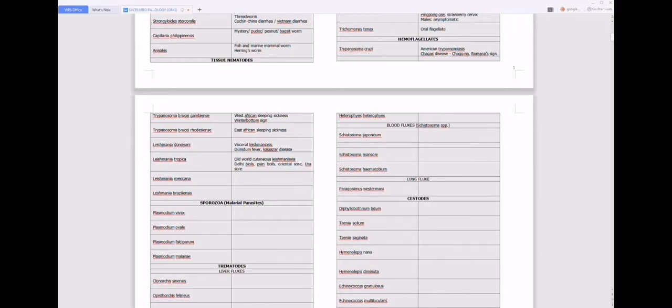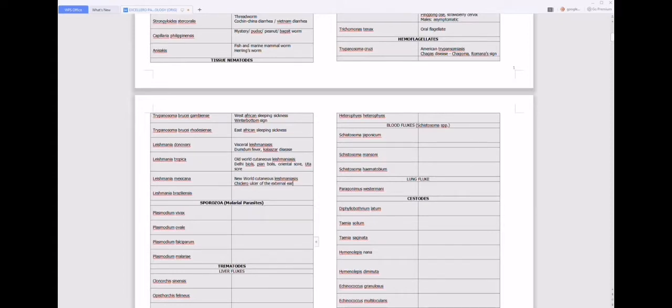Next is Leishmania mexicana. So when tropica is Old World, mexicana is New World cutaneous leishmaniasis. Okay? It can also cause chiclero ulcer of the external ear. So, chiclero ulcer of the external ear.